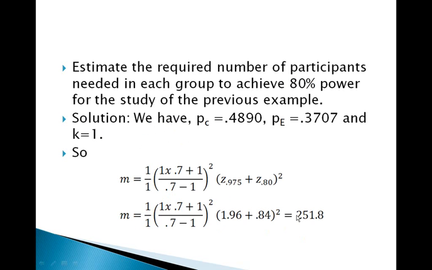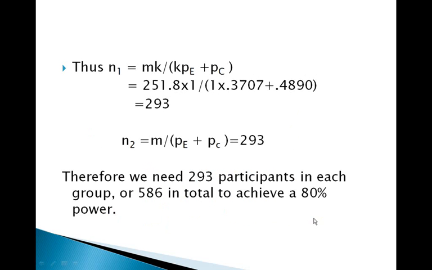If we want to estimate the required number of participants needed in each group to achieve an 80% power for the study in the previous example, we look at the p sub e and the p sub c calculated earlier. Note that again our k is equal to 1, the equal allocation. The m value for this would then be calculated as 251.8. We then go back to our formulas for n sub 1 and n sub 2.